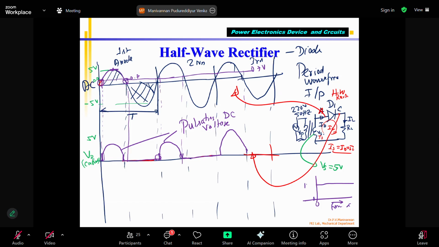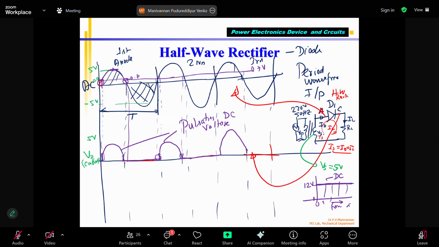If it is not connected to a load, take your lead acid battery: the voltage should remain constant. If you measure after 1 hour, 10 hours, tomorrow, 10 days, the voltage will remain constant at every time instant. If it remains constant, then only it is called a direct voltage.